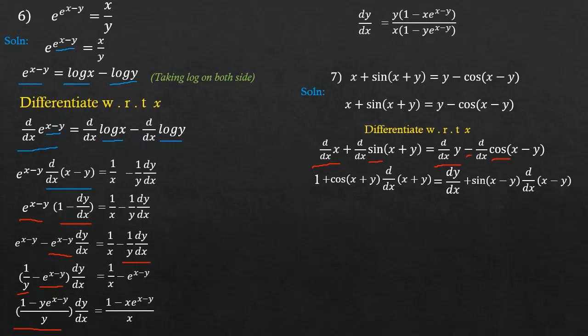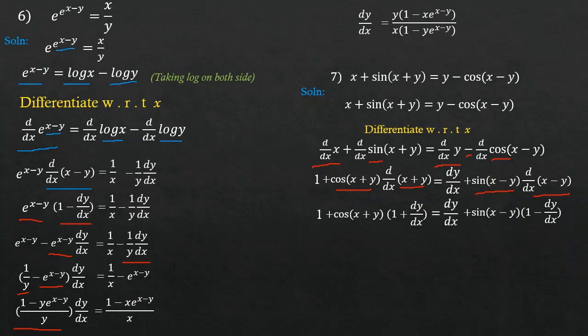One we copy as it is, cos x plus y as it is, derivative of x plus y we know very well, it's very simple, and we did this in the previous question also. So it becomes 1 plus cos x plus y into 1 plus dy by dx is equal to dy by dx as it is, and again sin x minus y we will copy, and derivative of x minus y is 1 minus dy by dx.